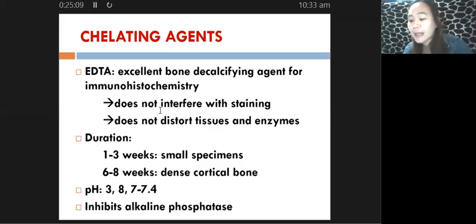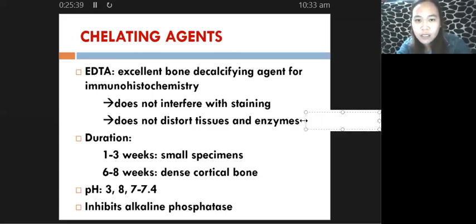So take note that EDTA can inactivate your alkaline phosphatase. So I repeat, it can inactivate your alkaline phosphatase. Okay, so let me just add that. ALP, alkaline phosphatase.